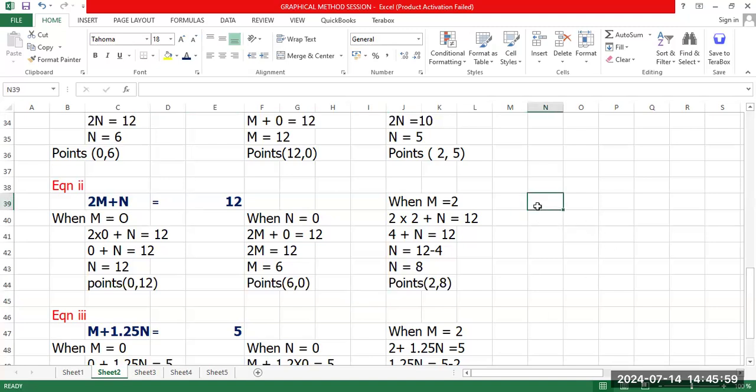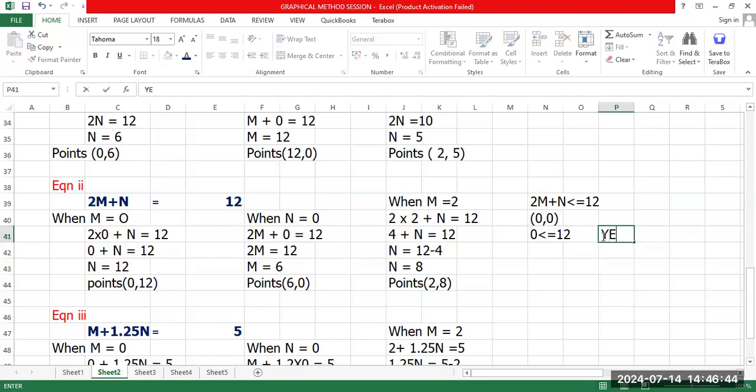Perfect. Now we need to know where we can shade. We apply our same knowledge. This is 2m plus n. The sign was what? Less or equal to 12. I get my points below the line. I always choose 0 and 0. Then I substitute. This is 0 is less or equal to 12. Is it true that 0 is less than 12?